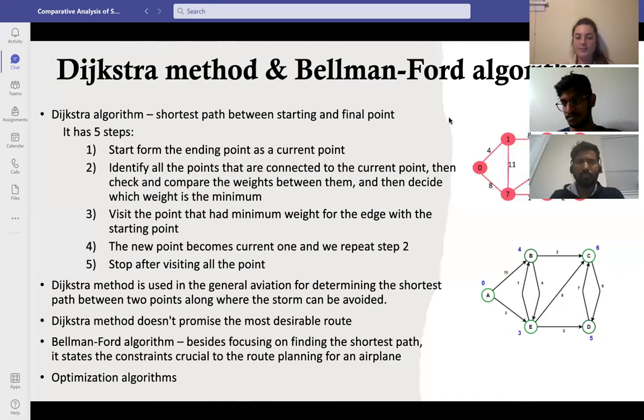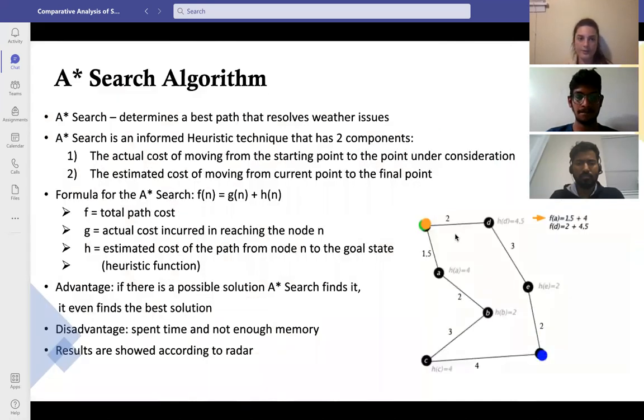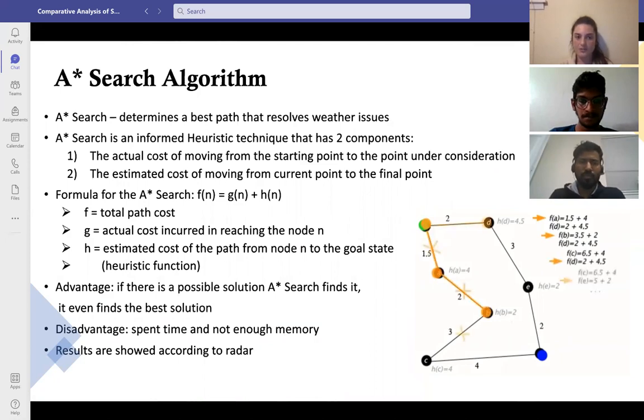The Bellman-Ford algorithm basically focuses on finding the shortest path, and it states the constraints crucial to route planning for the airplane. These two algorithms are optimization algorithms. Let's see the A-star search algorithm. It determines the best path that resolves weather issues.